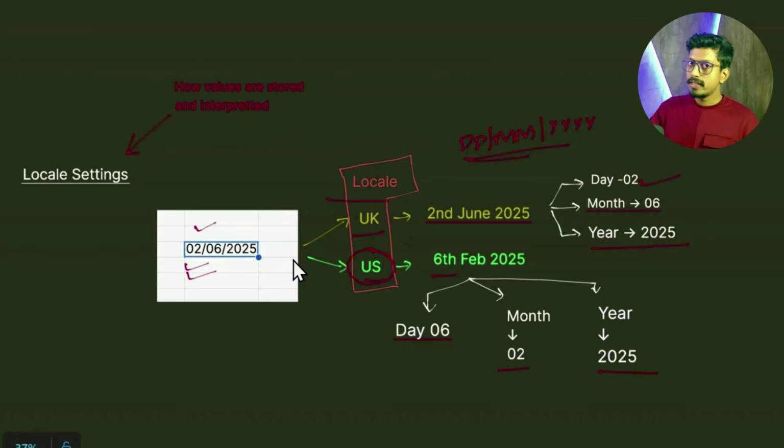So don't think that once your Google Sheet is in UK format and you entered all the dates in UK format, if you go to the locale setting and change it to US, the formatting on those cells which you entered previously will change. They will still remain in UK format. Once the formatting is applied, it is not going to change depending on the locale settings, because once you press enter, it is stored and interpreted the moment you enter it, based on the locale settings when you entered the value, okay? So this is something you need to understand and it will all be crystal clear in just a moment, okay?